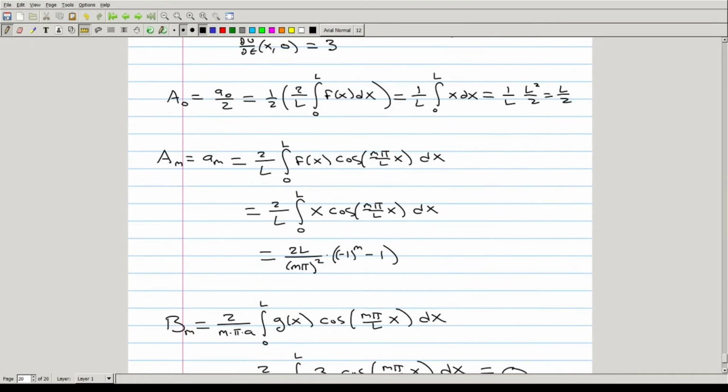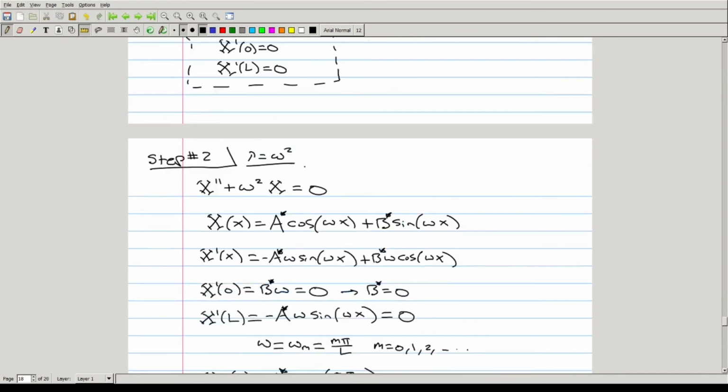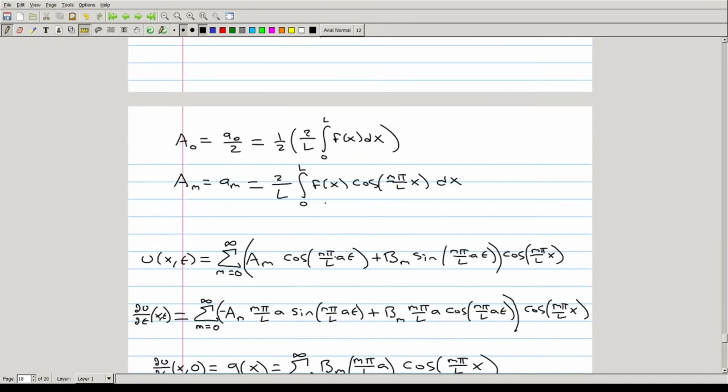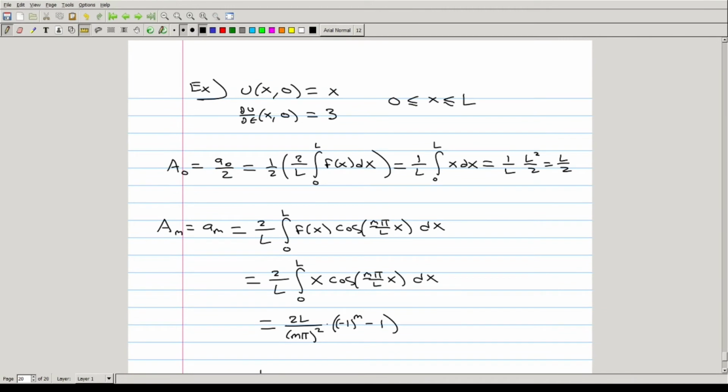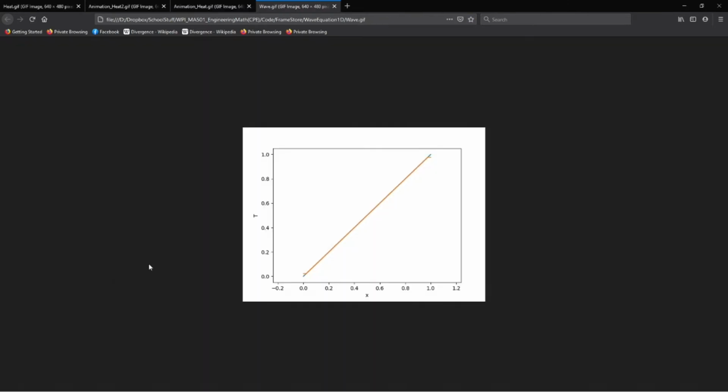And remember, the initial conditions were not on u, but they were on the spatial derivative of u, du dx, at both these boundary points. So if we go through and take a look at this, we see that this is exactly what's happening, right?